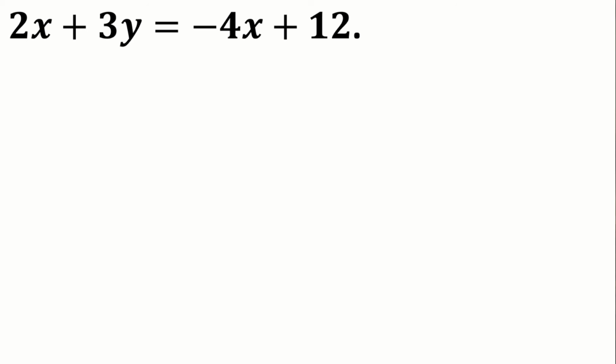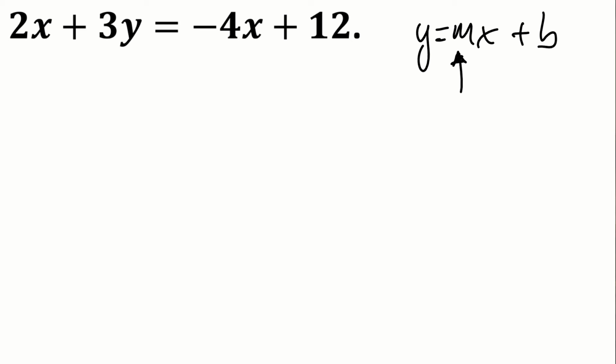In order for me to do that, I'm going to rewrite this in slope-intercept form. I want this to look like y = mx + b, because then the coefficient of x will be my slope. So to do that, I'm going to take away 2x from both sides.